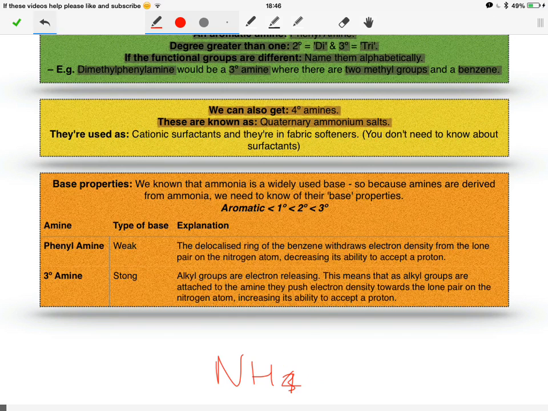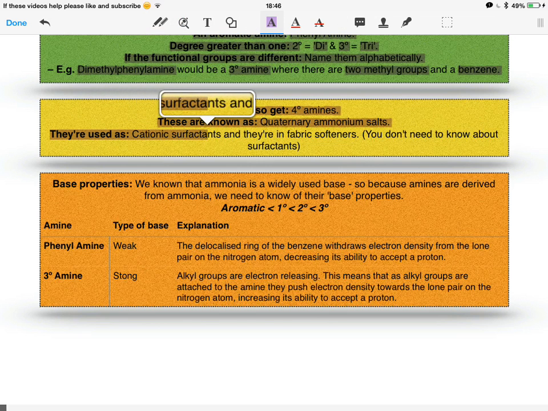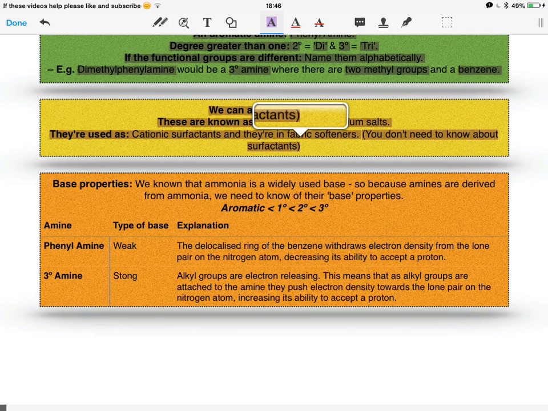So, similarly, we can get a quaternary ammonium salt, and these are used as cationic surfactants, which are used in fabric softeners. Now this is quite confusing. You don't need to know about surfactants, but you do need to mention that quaternary ammonium salts are used as cationic surfactants in fabric softeners.